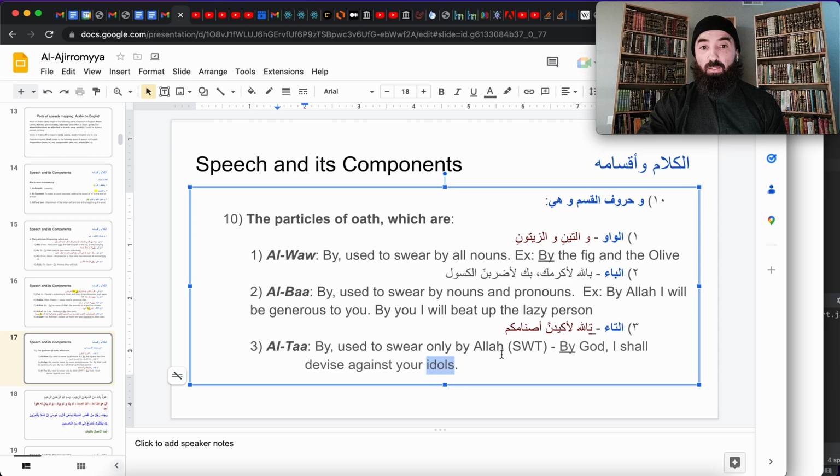This is used to swear only by Allah. Ta linguistically cannot be used to swear by anything other than Allah. If it's used to swear by anything other than Allah, then it is a grammatical mistake.